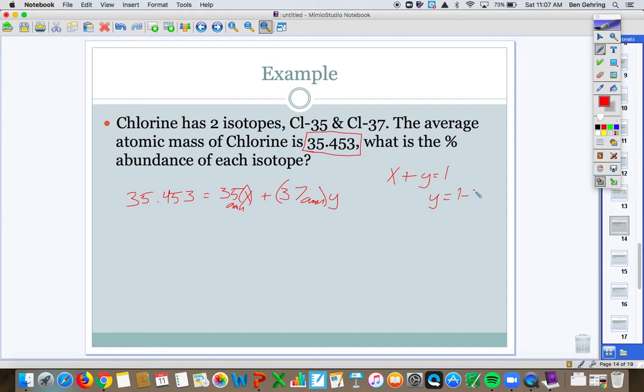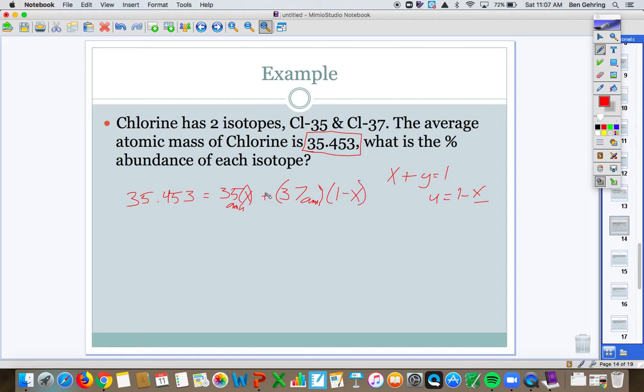Y equals 1 minus X. I'm going to substitute this into here. So I'm going to erase my Y. So I have 37 AMU times 1 minus X.